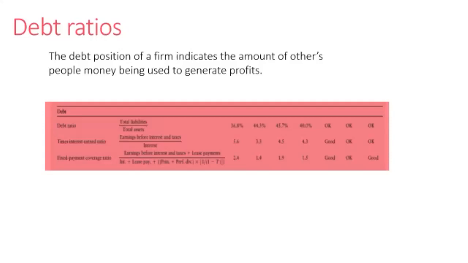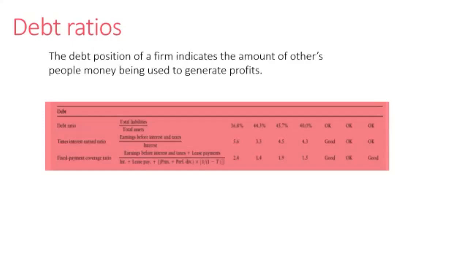doing your ratios. Times interest earned ratio: earnings before interest and taxes, we're going to find that in the cash flow statement, divided by interest, again, which will be in the profit and loss.